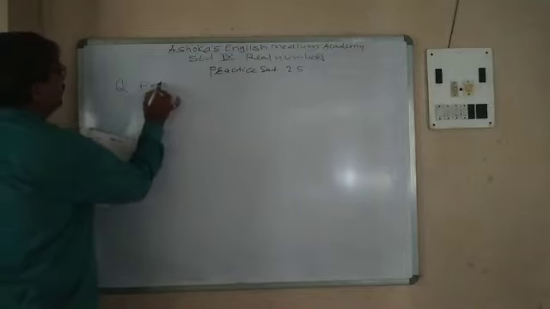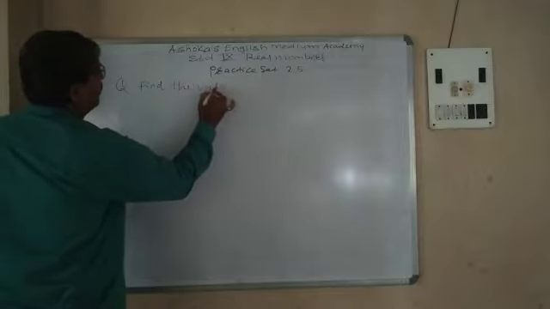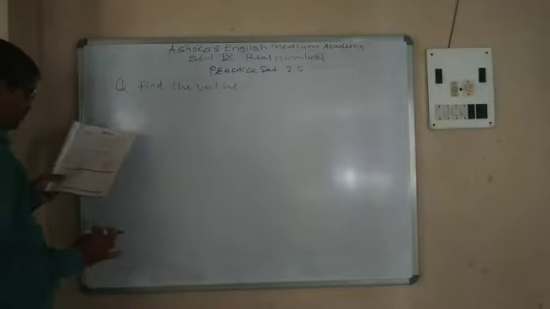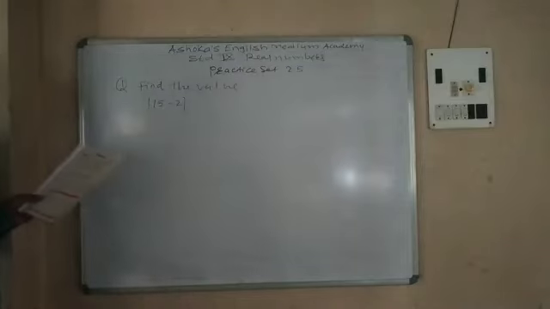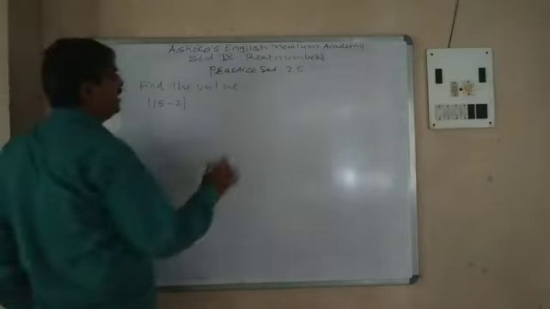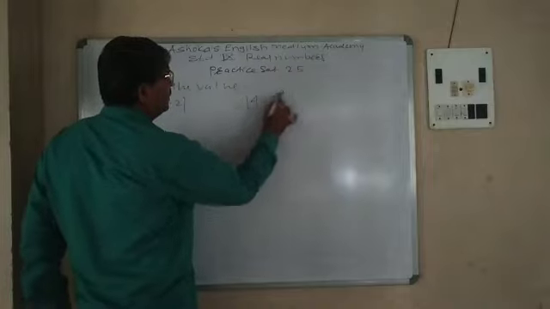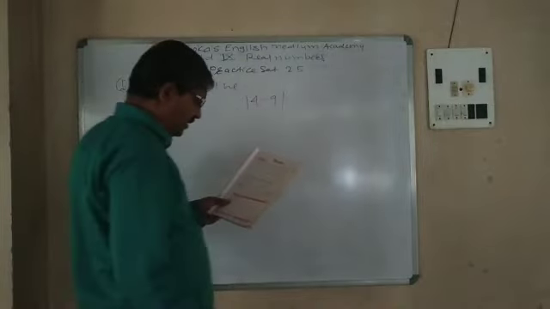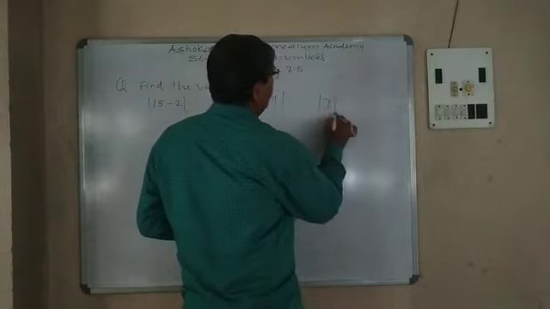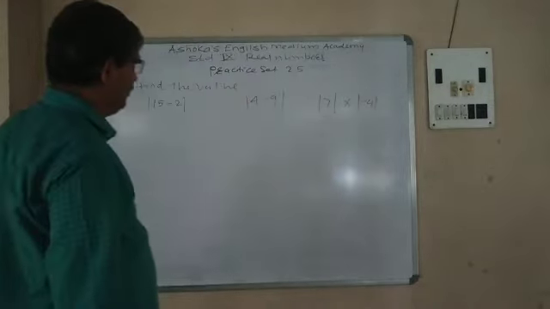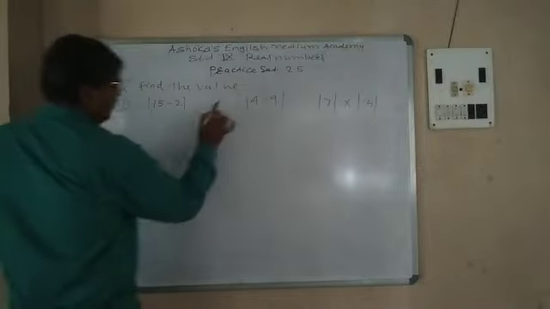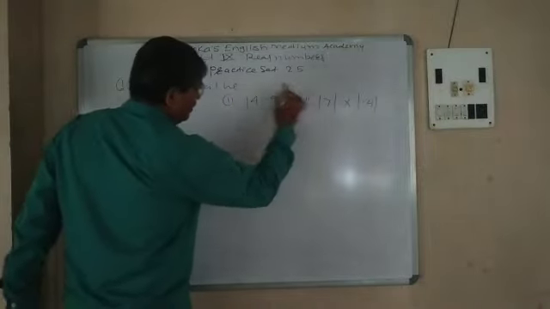Find the value: first, absolute value of 15 minus 2. Second is absolute value of 4 minus 9. And third is absolute value of 7 into minus 4.